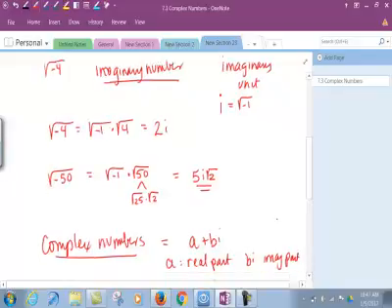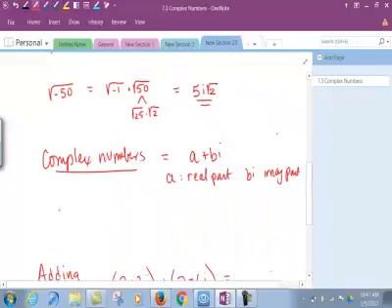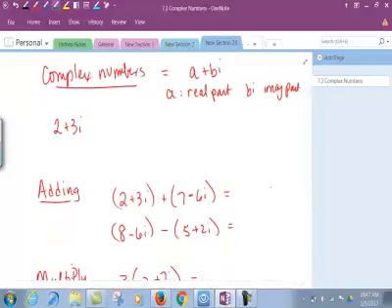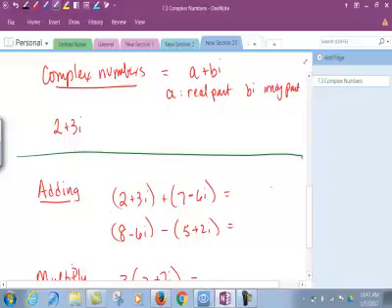All right, so an example of a complex number would be 2 + 3i. Okay, so complex numbers are those numbers with a real and an imaginary part. Okay, so now we want to bring in some arithmetic and talk about what happens when we add, subtract, and multiply imaginary and complex numbers.